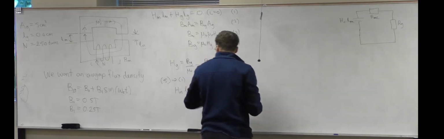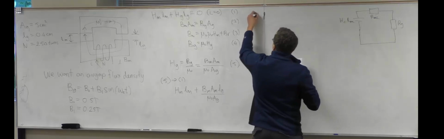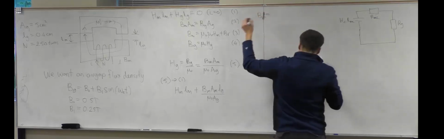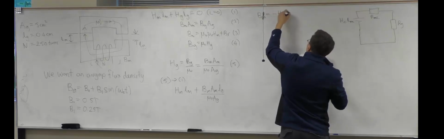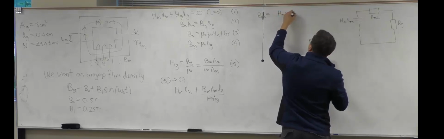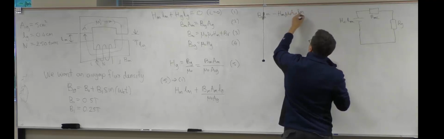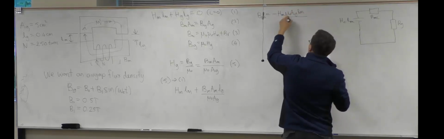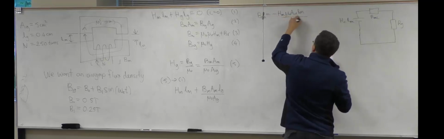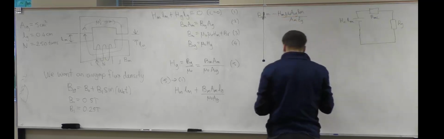And so rearranging, we have BM is equal to minus HM mu naught AG LM divided by AM LG, like that.